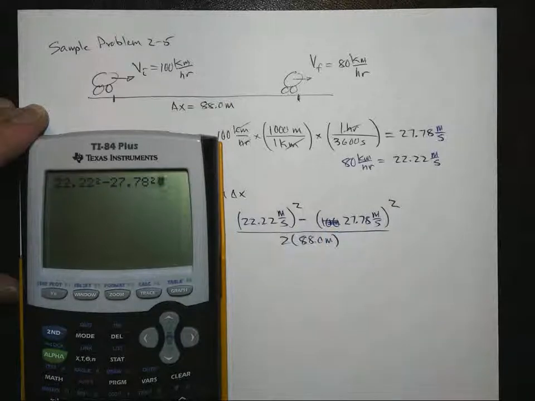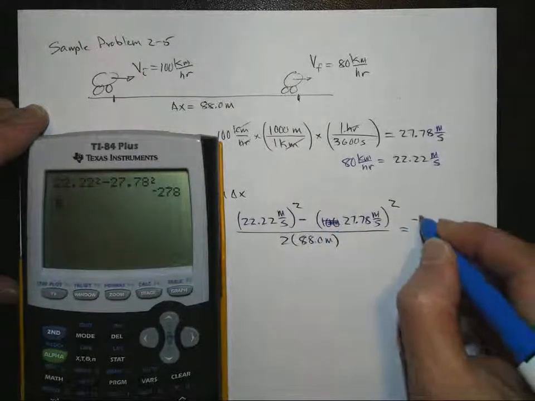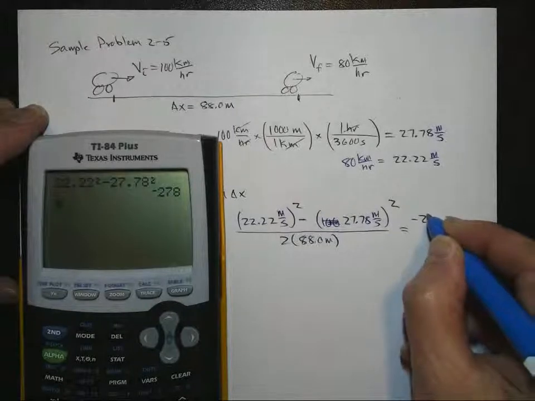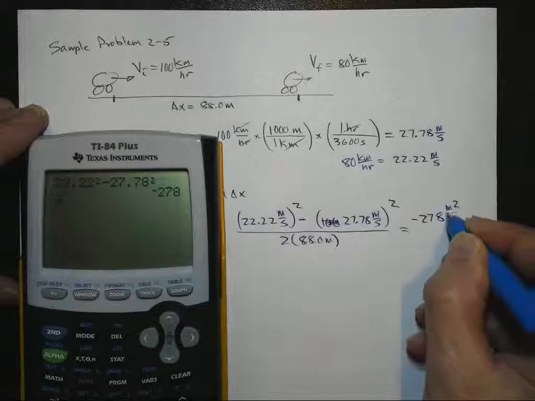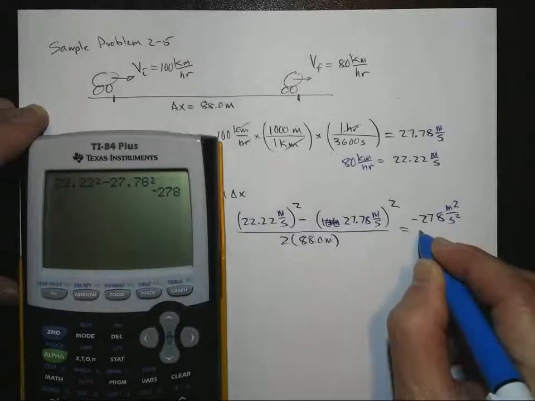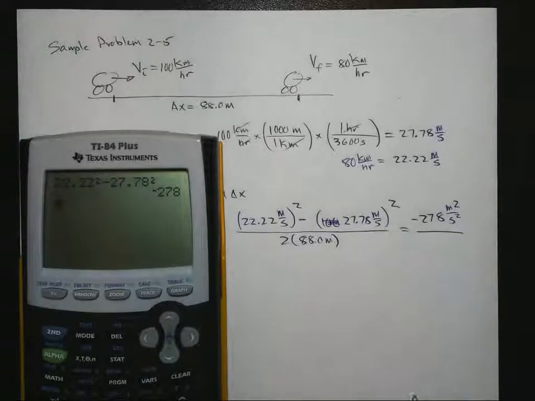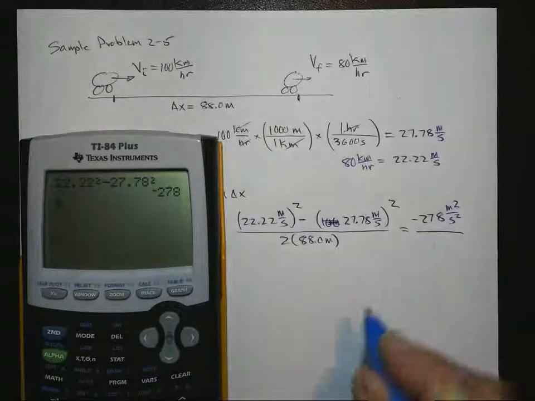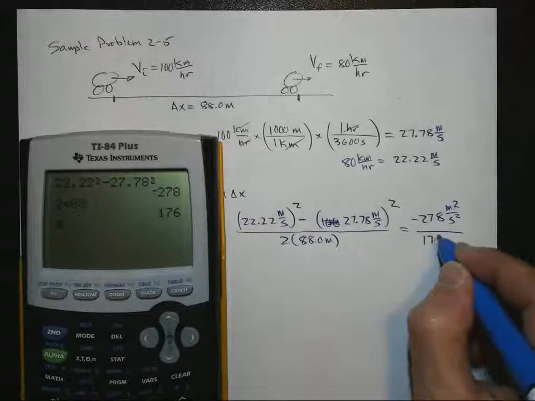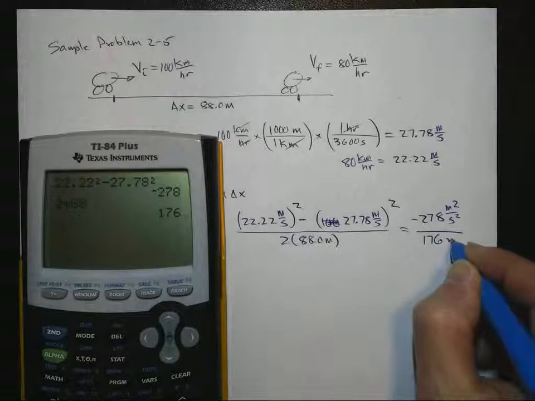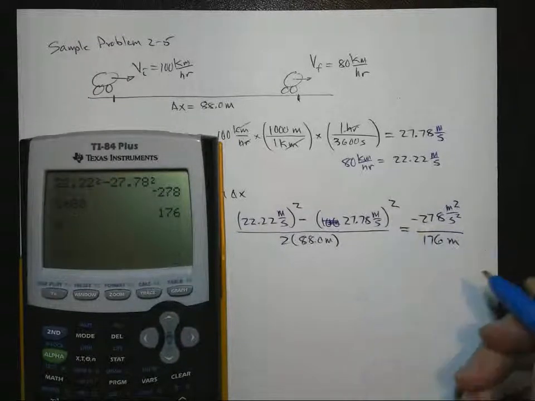And what we'll get is minus 278, and that's going to be meters squared over seconds squared. We're going to divide that by 2 times 88, and 2 times 88 gives us 176 meters, an intermediate step here.